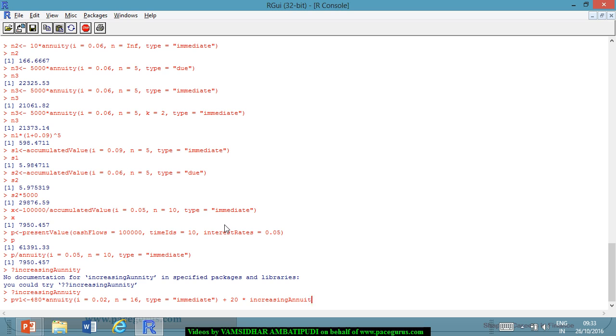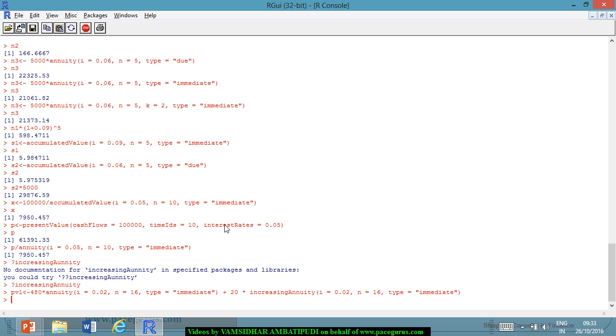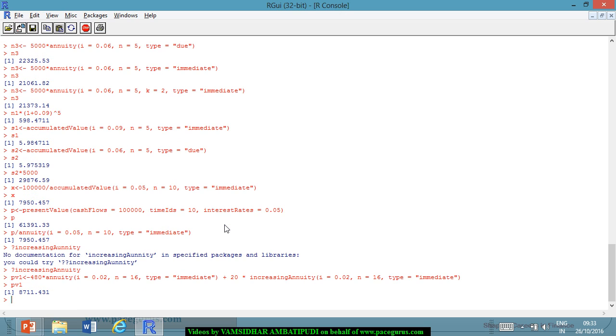For the 20 I have an increasing annuity. So I'll take it as increasing annuity with the same inputs. My I is 0.02, my N is 16 years, and the type again is immediate. So this is what I'm considering to find out the present value. This gives me my PV1 is 8711.